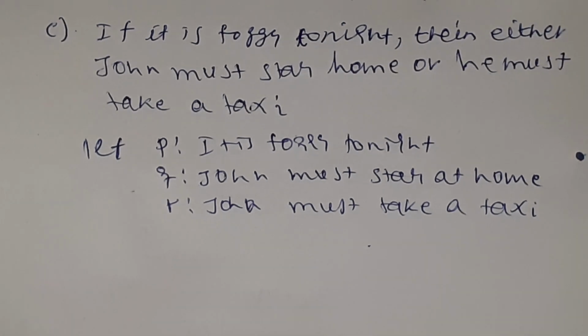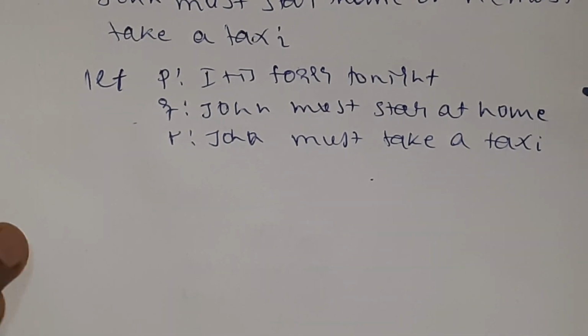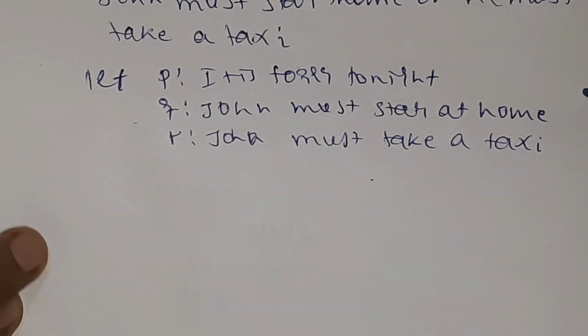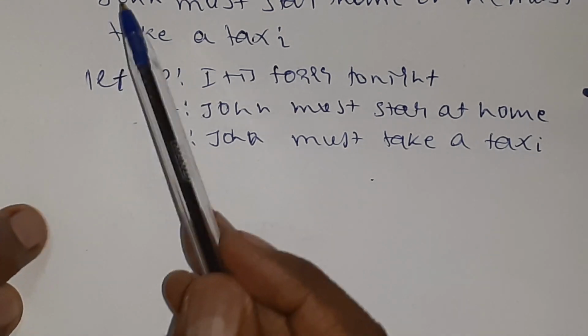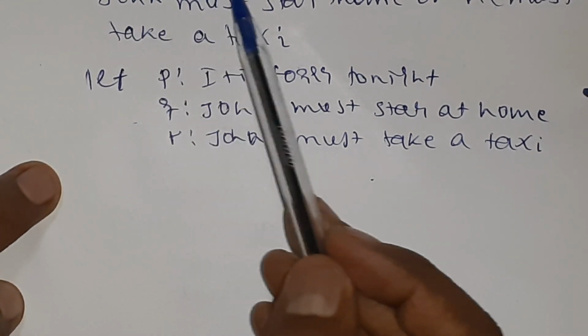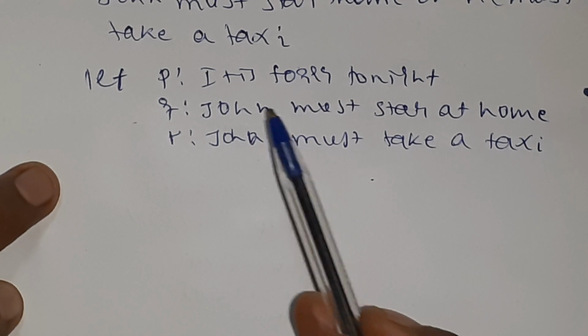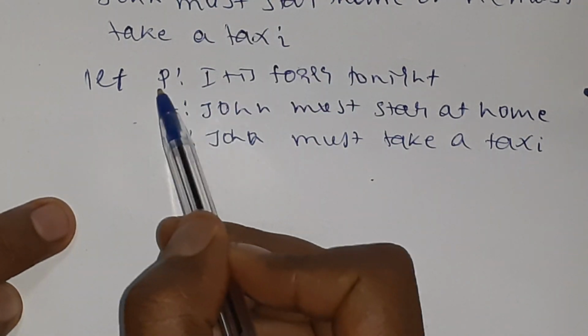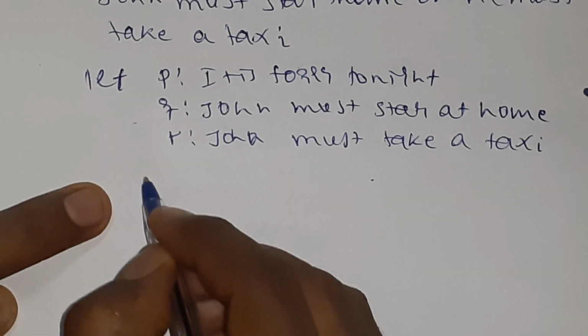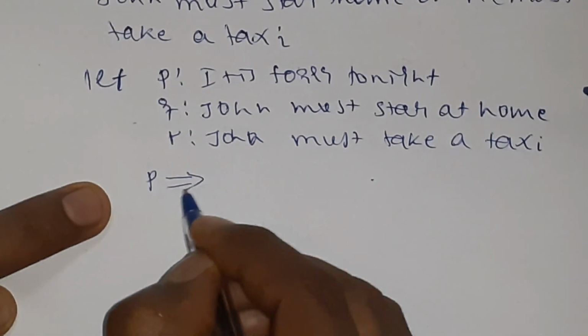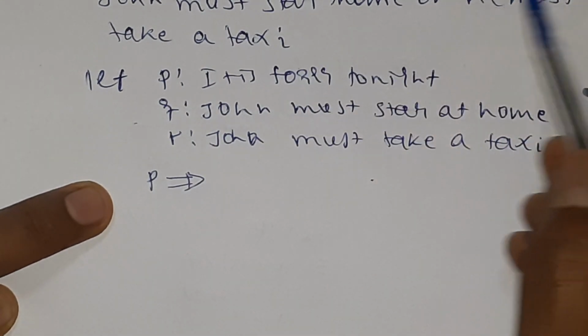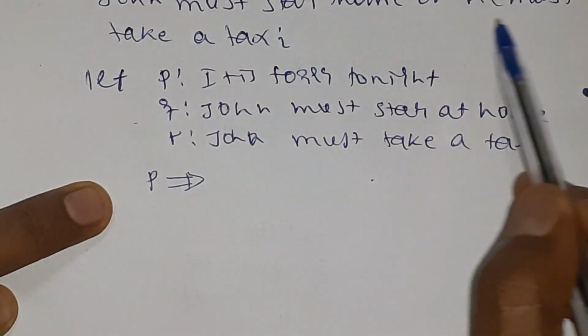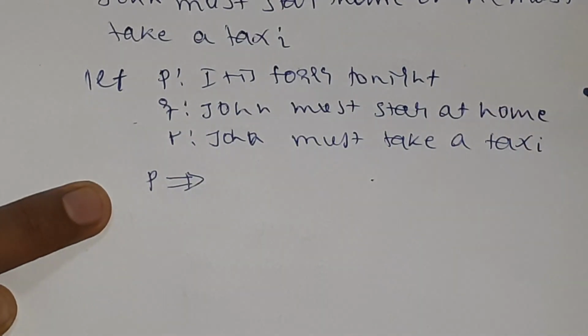Then after representing these simple sentences in this pattern, the symbolic form will be, in the first case, if it is foggy tonight, that is represented by P, so we have P implies, then either John must stay at home or he must take a taxi.